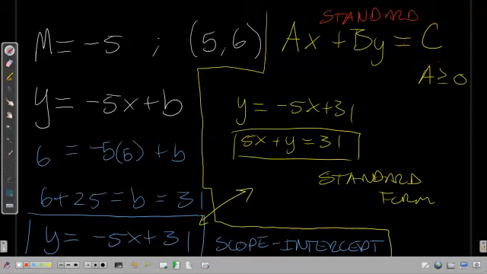You've got the x and the y term on the same side of equals. And A, B, and C are not fractions.